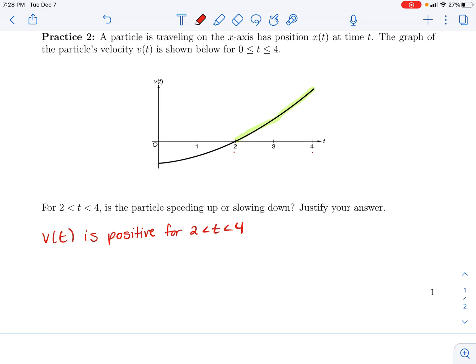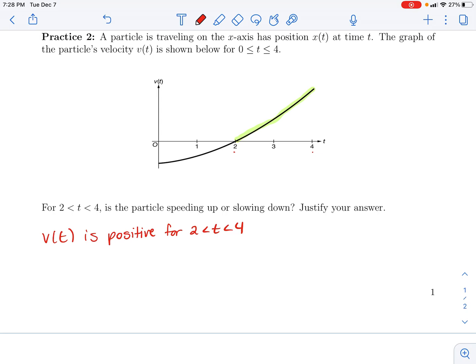And that's because I'm looking at the velocity graph, right? The particle's velocity. And so the output values are the velocity of the particle. So if the graph is above the t-axis, then that means that v of t is positive for these t values.